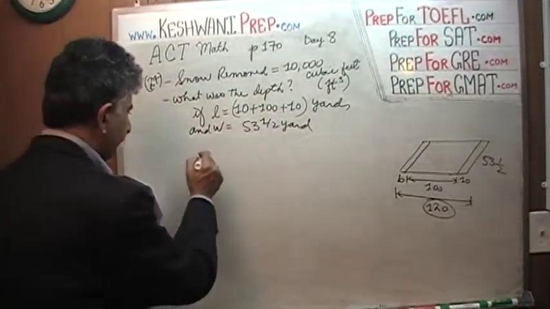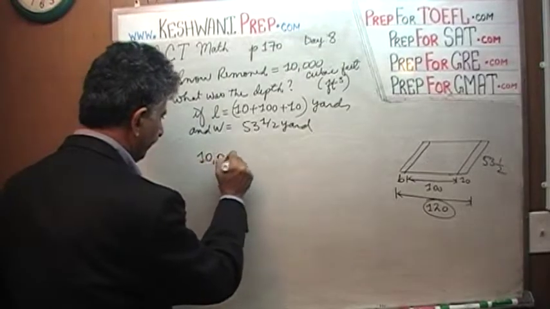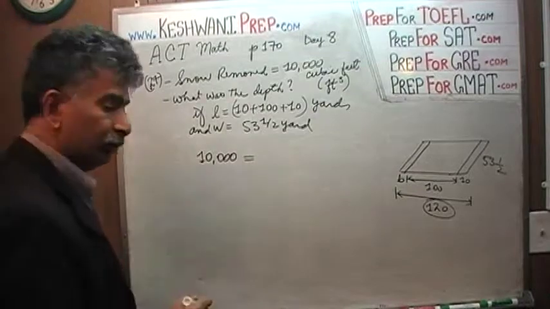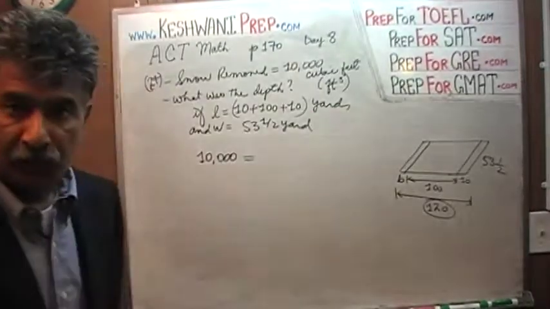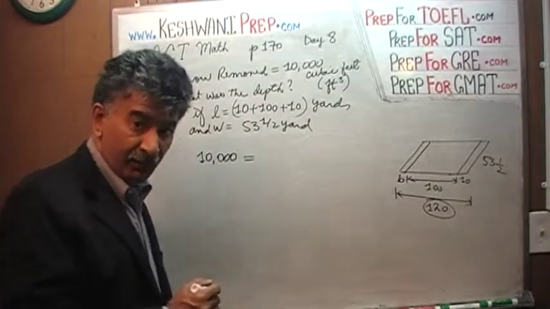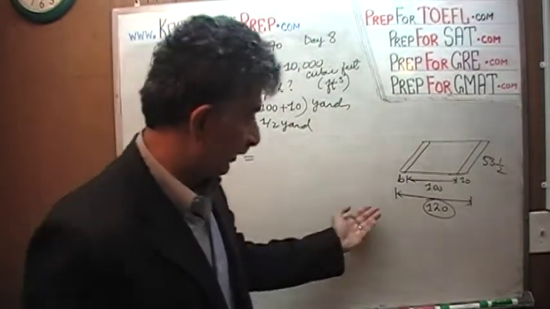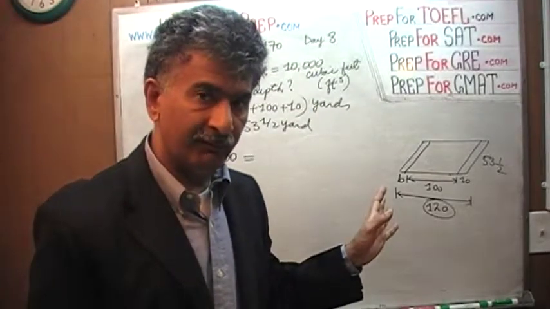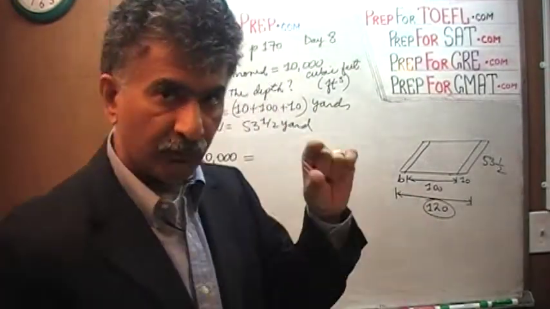So 10,000 cubic feet was the total amount of snow that we received, and that has to be the same as the volume of this field. It's not two-dimensional anymore, because we have the length, the width, and then the depth of the snow. So when we say volume of the field here, we're talking about the volume of the snow.